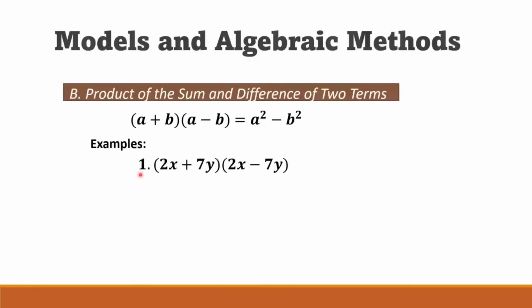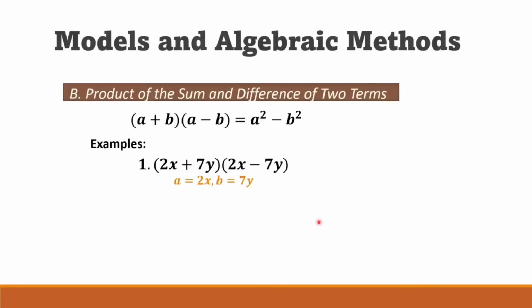So for example number 1, we are multiplying the quantity 2x plus 7y times the quantity 2x minus 7y. As you can see, they have the same first terms, which is 2x, and the same second terms, which is 7y. The only difference is the operation. In here, it is addition. Here, it is subtraction.